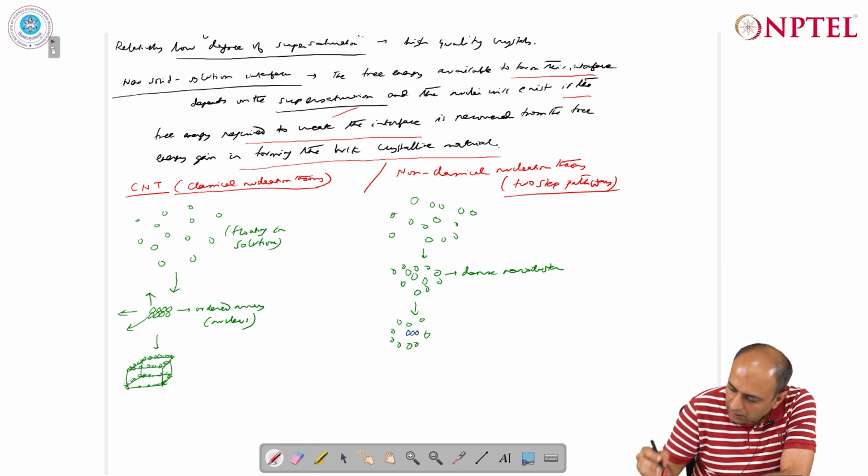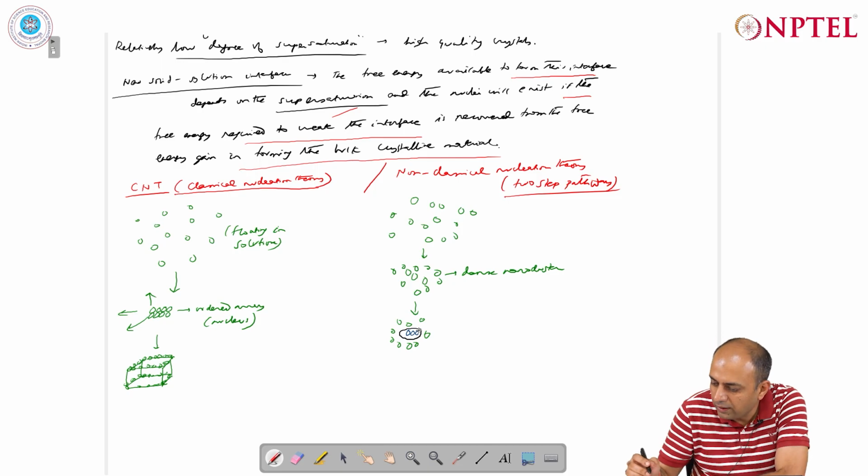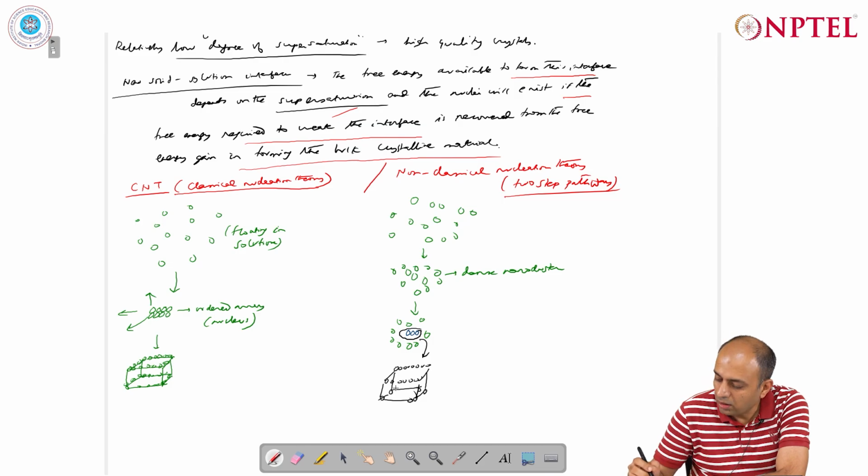So, we see here that we have this nucleus which is formed out of this dense nanocluster, and once the process of nucleation has taken place, then the growth can happen leading to the formation of the crystal of the desired morphology, shape and size.